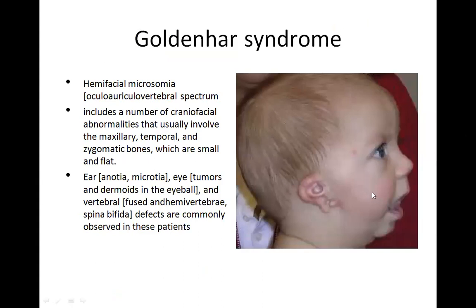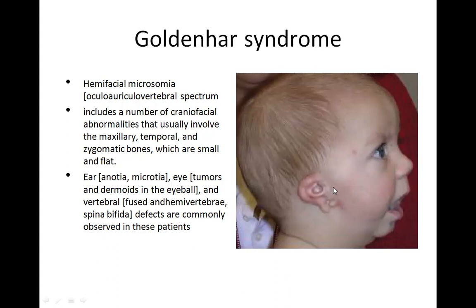Then we have Goldenhar syndrome, that is hemifacial microsomia. It is also known as oculo-auricular vertebral spectrum. It includes a number of craniofacial abnormalities. The maxillary, temporal, and zygomatic bones are very small and flat.